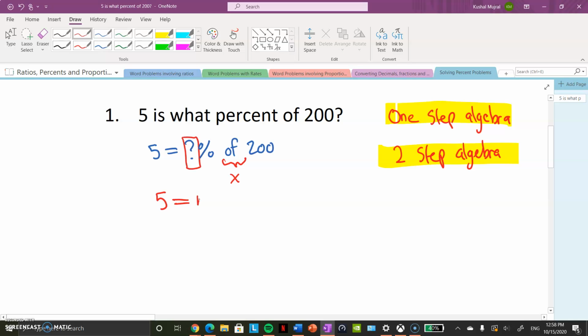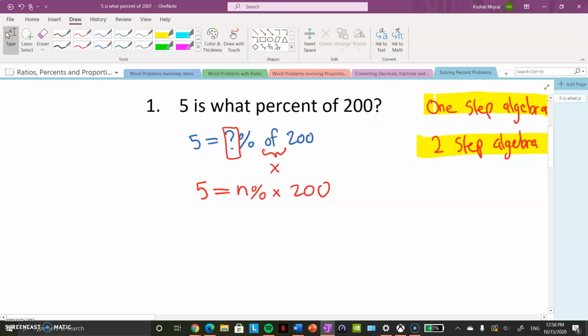I'm going to use n instead as a variable. If you watched the one-step and two-step algebra videos, you'd know what that is. That's like x, y, n, anything like that. 5 equals n percent of 200. Oh, not "of." We've already established that that's now multiplied by 200.